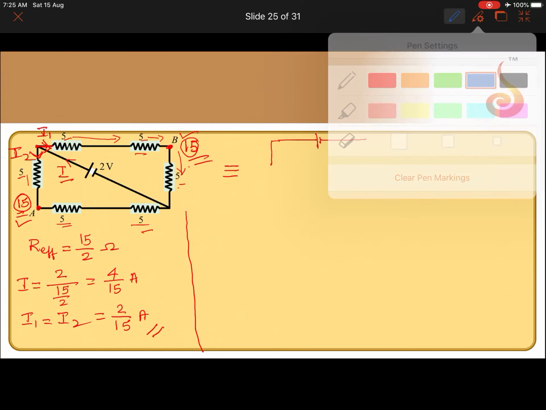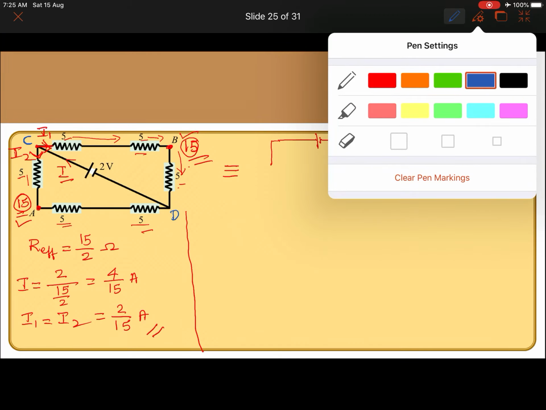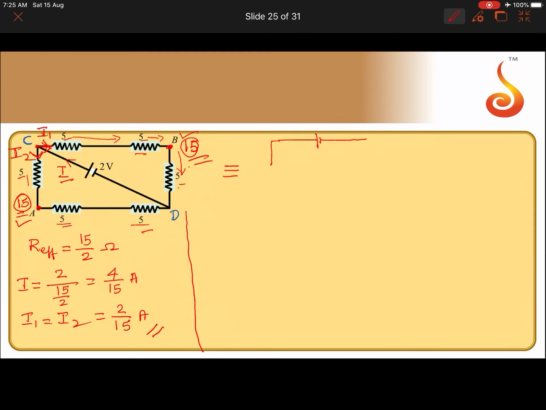For convenience, I will call this point C and this point D. Now I will redraw the circuit. So this C, which I have marked in blue, is point C.